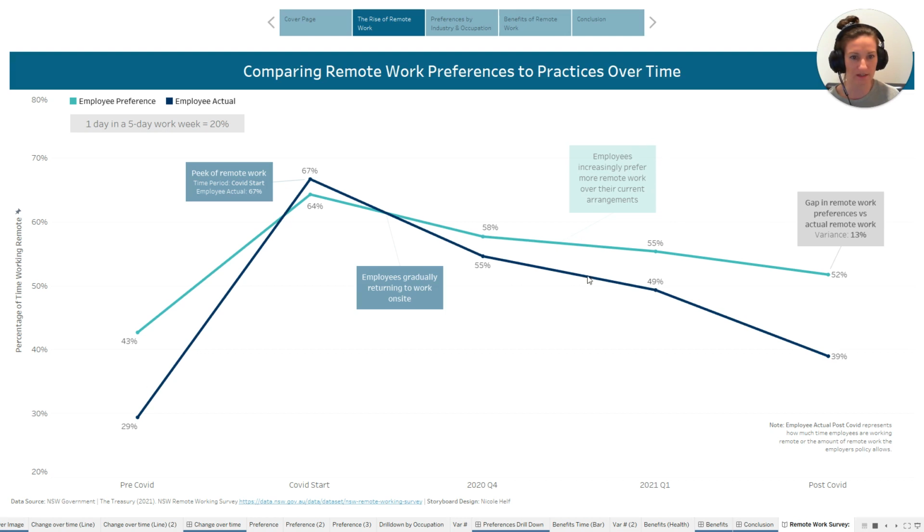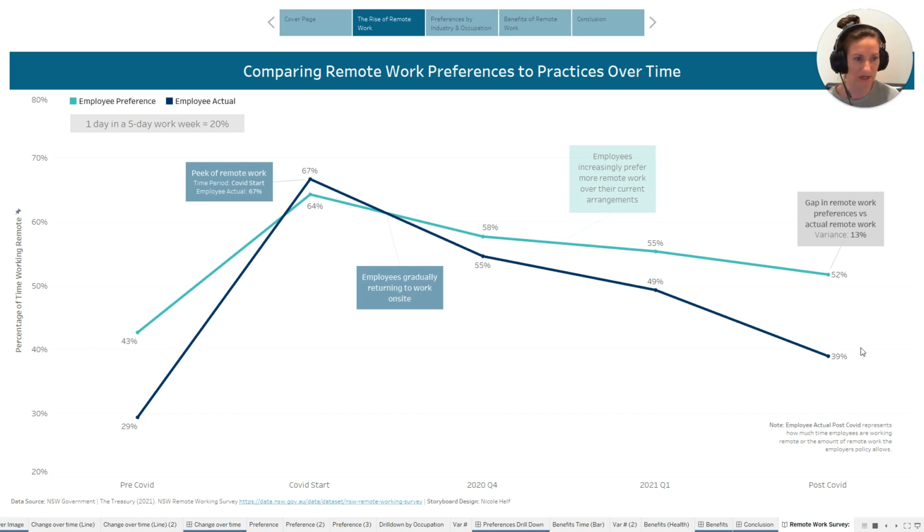We see this gap or variance between preferences and practices increase over time. Interestingly, that gap, which is about 13%, is about the same as what it was pre-COVID. However, both of these measures have increased.